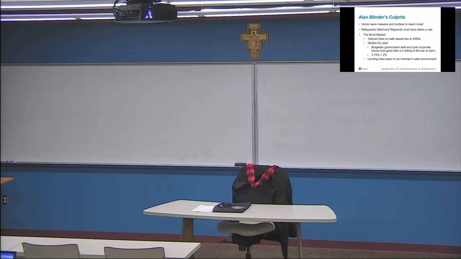Lending risks seem to be minimal, because at this point we haven't had severe contractions in a while. It had been a while since the Latin debt crisis or the South Asian crisis, with those governments defaulting on their loans. People were a lot less concerned about the downside for these investments.